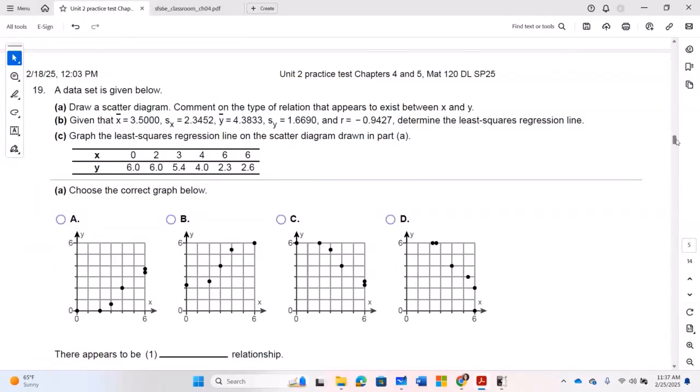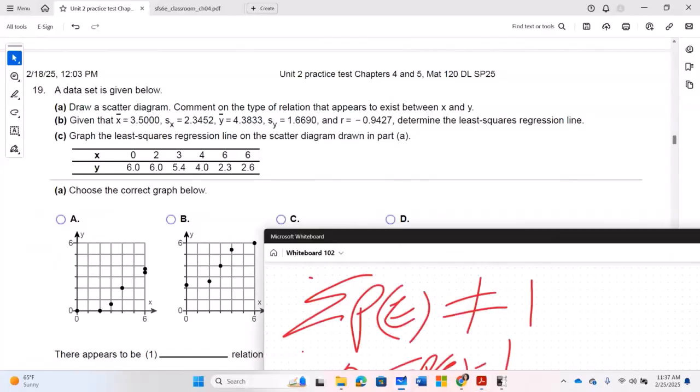First of all, we're going to answer the questions given to us. Draw a scatter diagram. Okay, so a data set is given to you. They didn't tell you how to draw a scatter diagram. Comment on the type of relation that appears to exist between x and y.